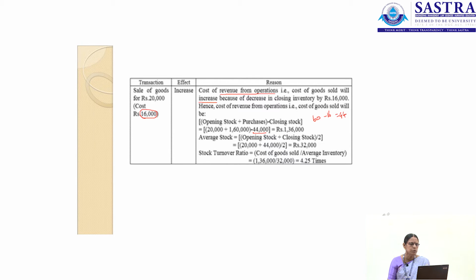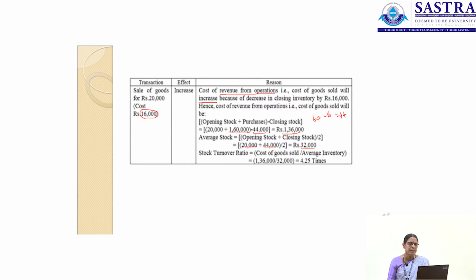Purchases is 1,60,000 rupees. Now the cost of goods sold is 1,36,000 rupees. Average stock: we have opening stock of 20,000 and a revalued closing stock of 44,000, divided by 2 will get 32,000 rupees.